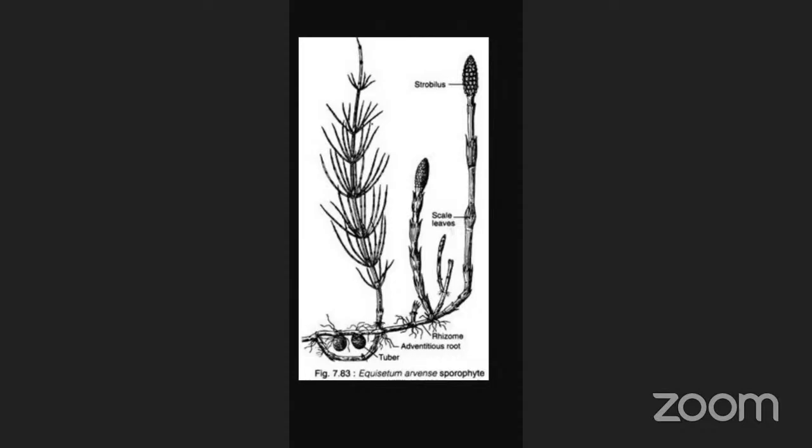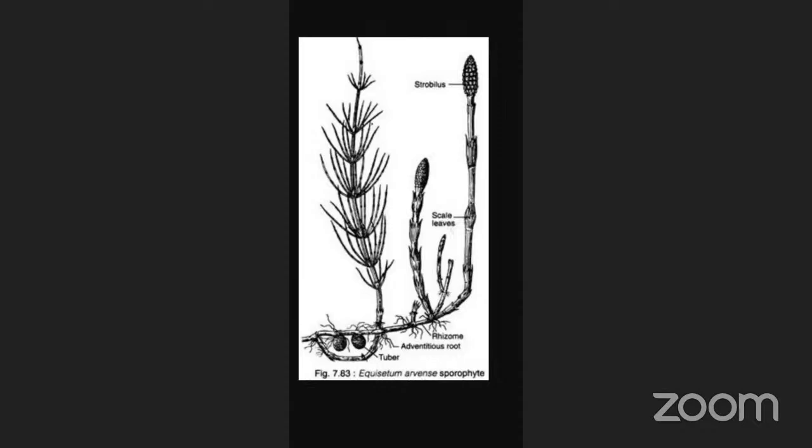Aerial branches are produced from the nodes of the underground rhizome, growing vertically above the ground. They are green in color and contain chlorophyll, so they can do photosynthesis. Some non-photosynthetic branches also bear the sporangia or strobili.